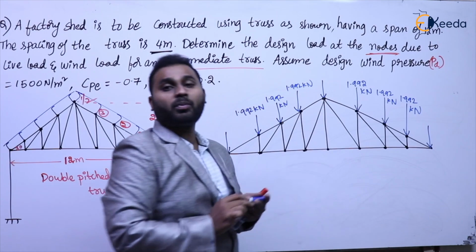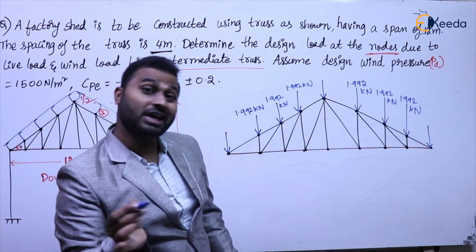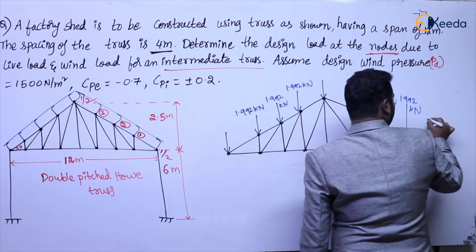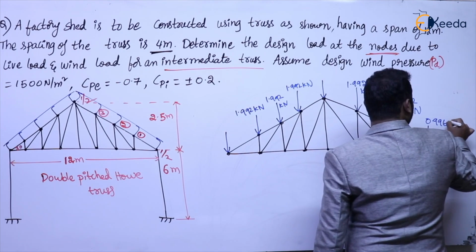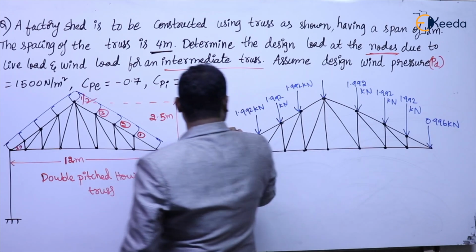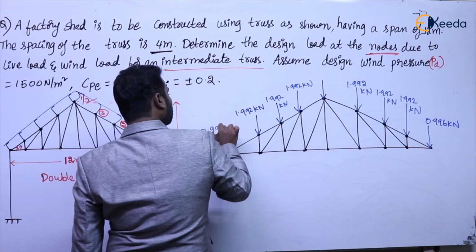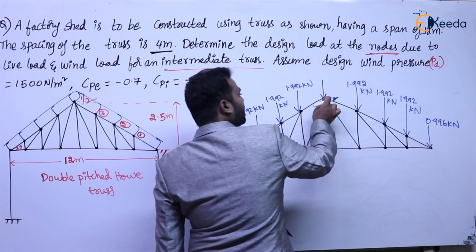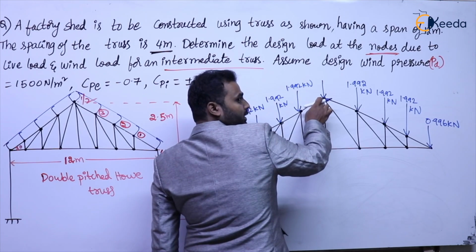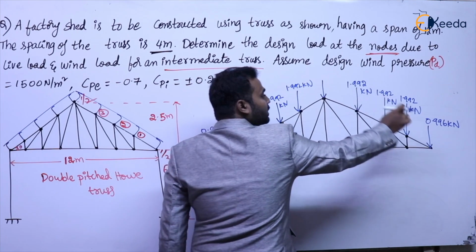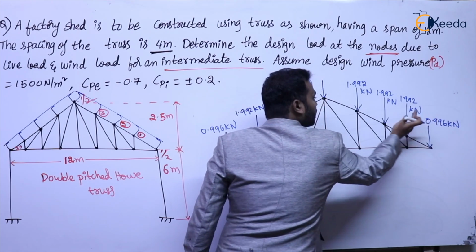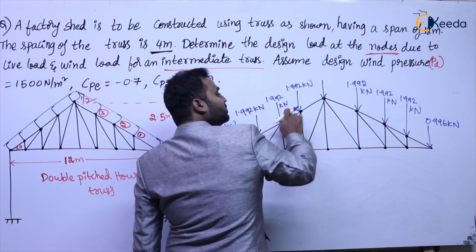Now for the end panel point, what is the load? 0.996 kilonewton, right? Here also 0.996 kilonewton. Now for this panel point, this node, there exists 0.996 kilonewton from this panel, and from this panel also the same load.